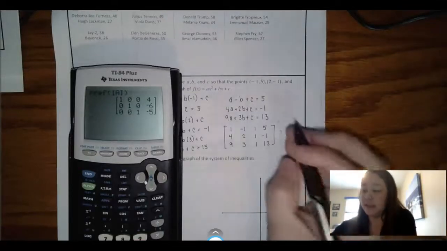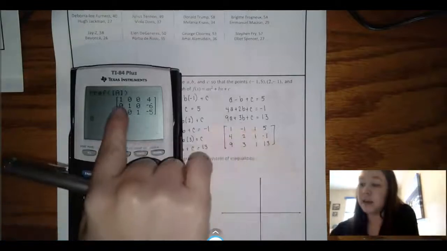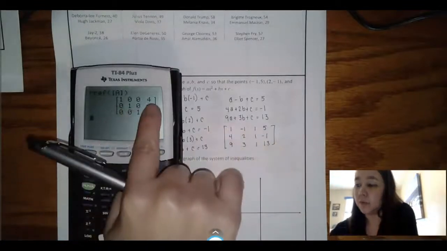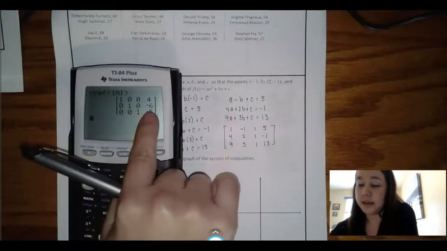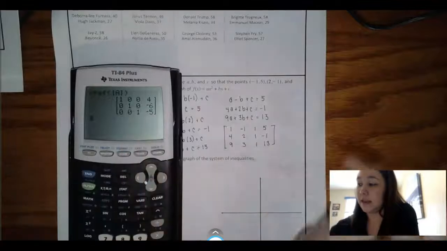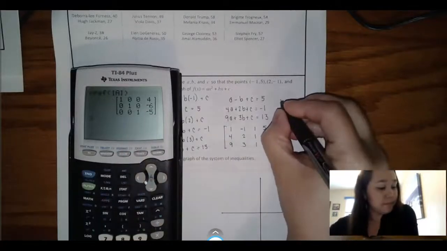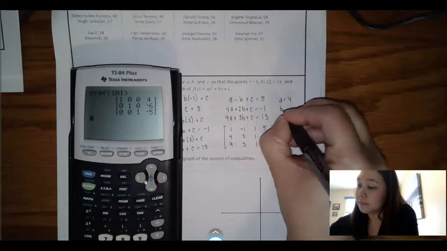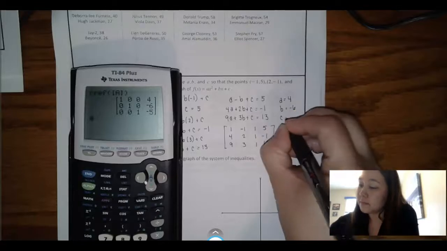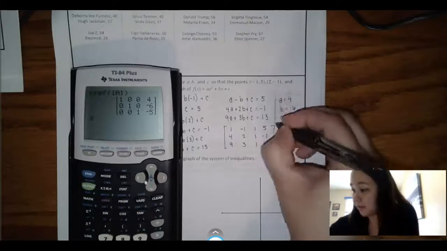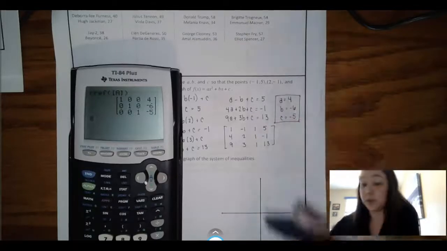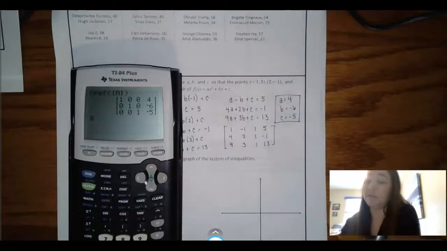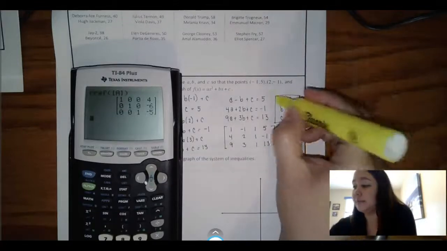So what this says is A is 4, B is negative 6, and C is negative 5. But once again, if you want, you can also solve using substitution, and you get the exact same answer.